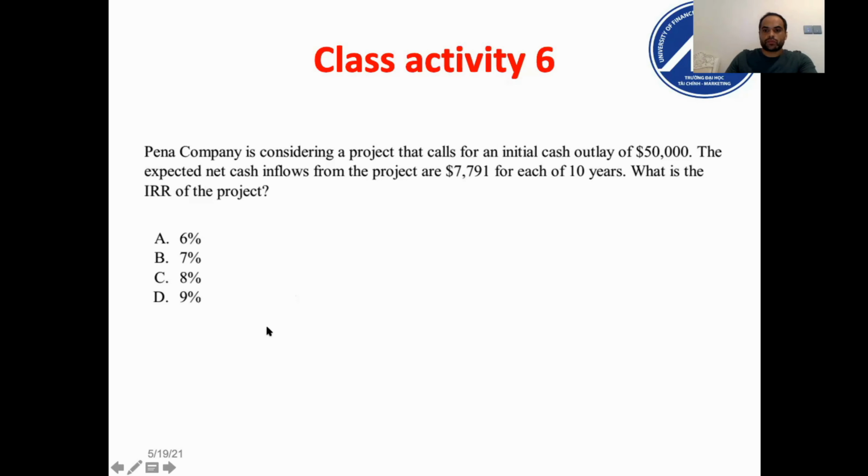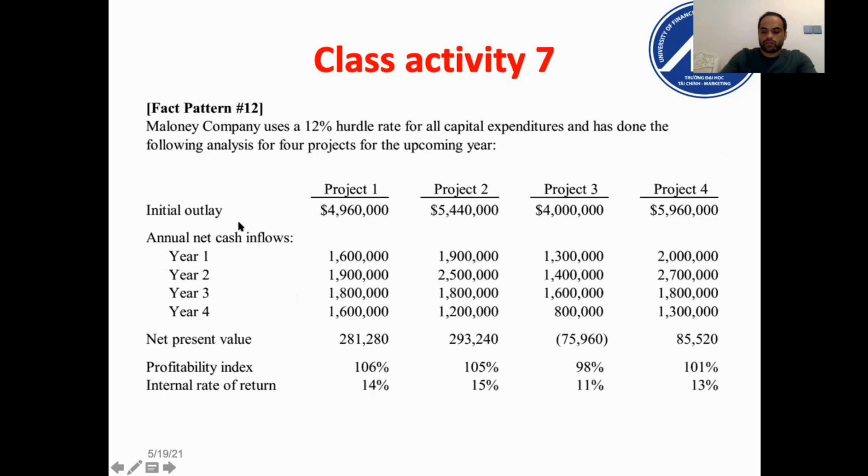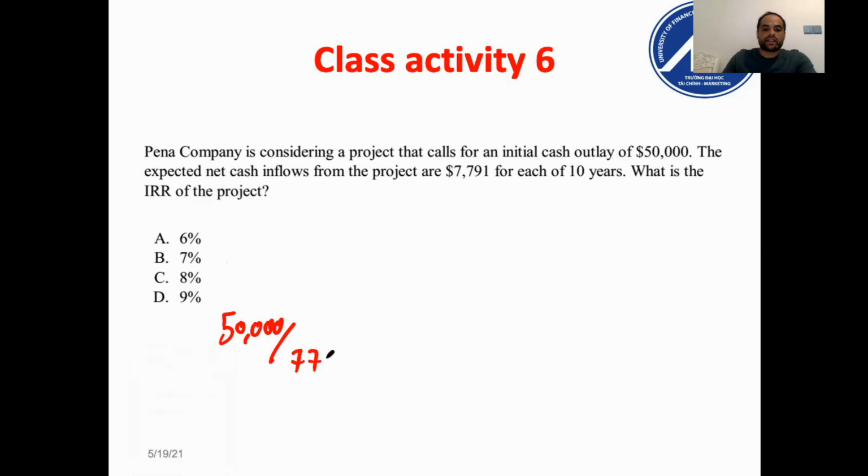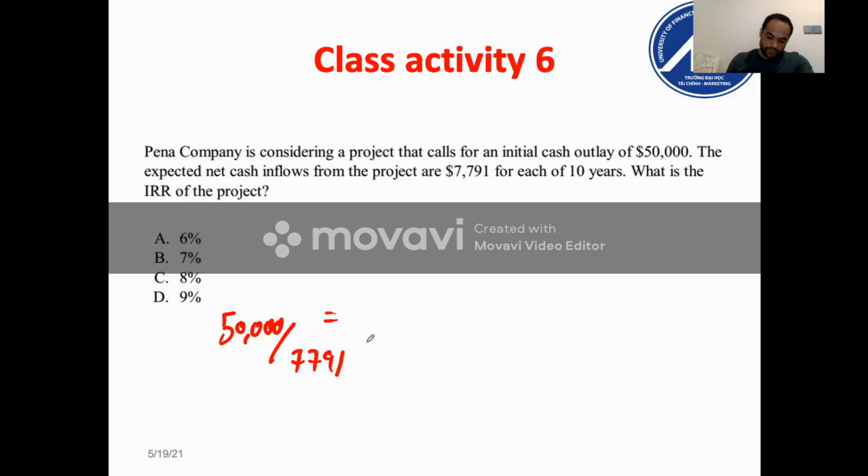So 50,000, that's your initial investment, divided by 7,791. How much is this? If you divide 50,000 by 7,791, this is 6.417.